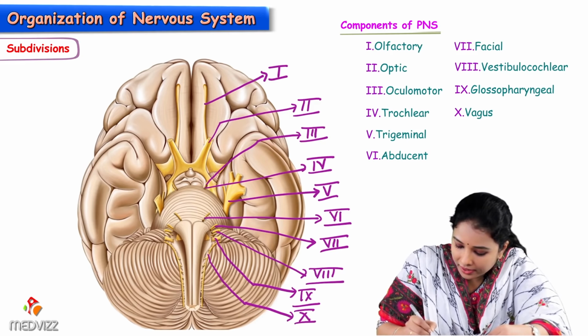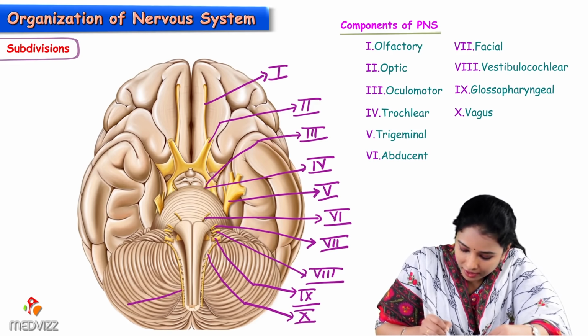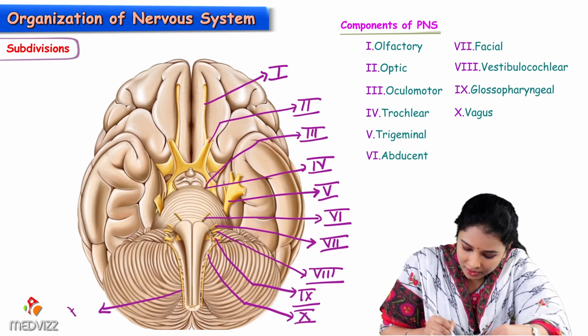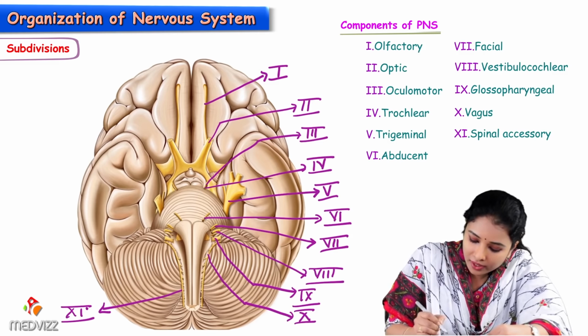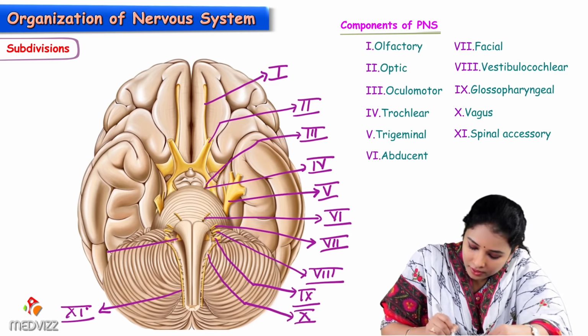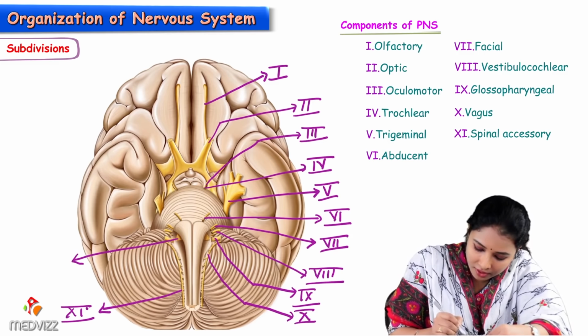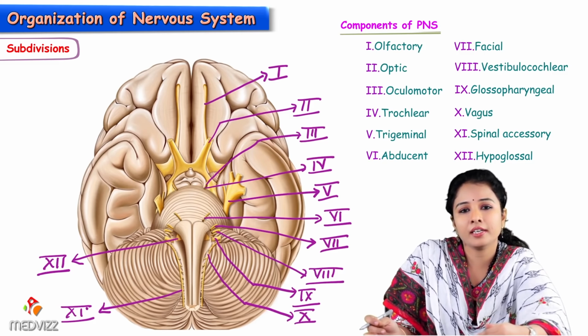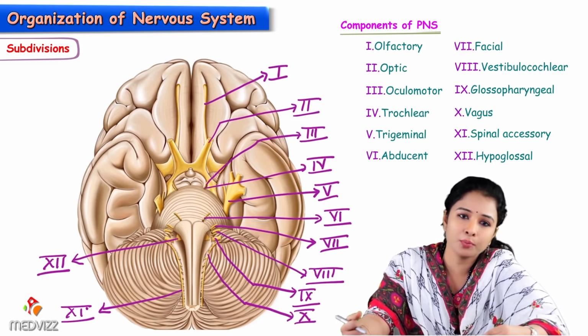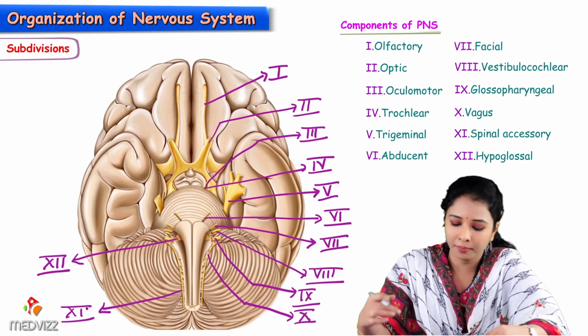And 11th cranial nerve, I am writing on the other side, 11th cranial nerve, which is the spinal accessory nerve. And 12th cranial nerve also arises from the medulla, which is called as hypoglossal nerve. So, these are the cranial nerves which are numbered from anterior to posterior in the base of the brain.